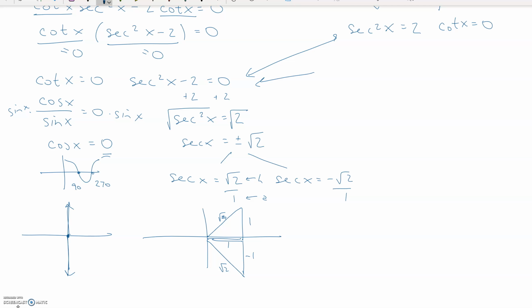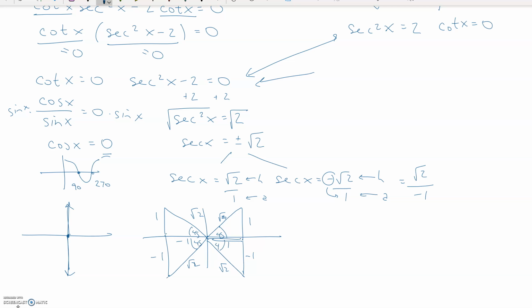And then over here, if secant is hypotenuse over adjacent, that means the adjacent is going to get the negative. And so what I have is a rad 2 over negative 1, a hypotenuse of rad 2 with an adjacent of negative 1, which gives me a 1, 1, square root of 2. And you see these little 45-degree reference angles all around.